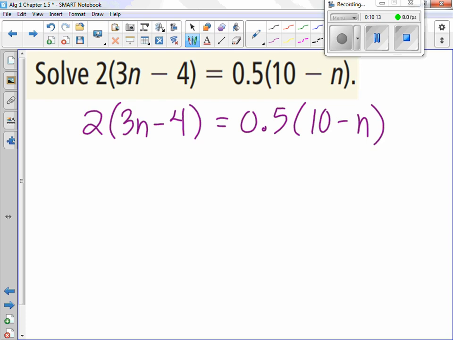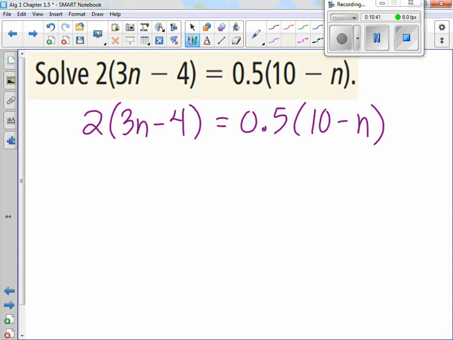So what's the first thing we need to do for this here? First step in solving this for n. What do we need to do? Well, these aren't being subtracted, are they?